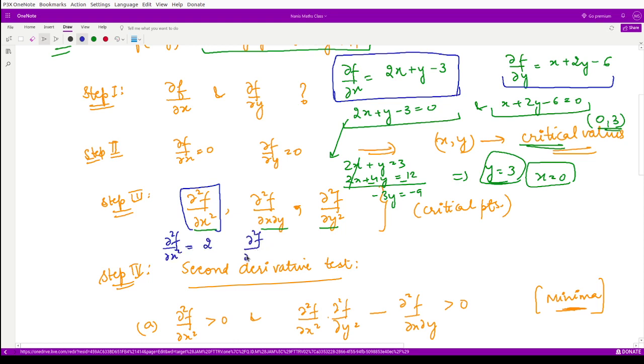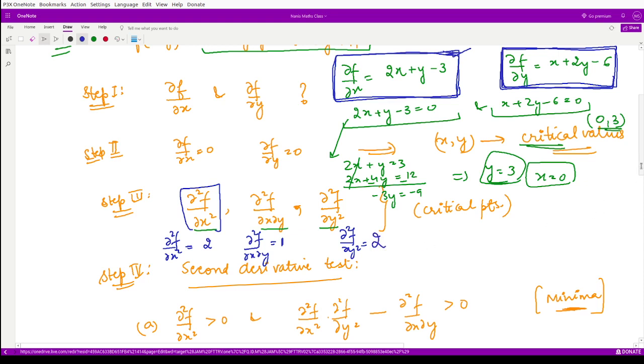Del 2f upon del x del y you could calculate when you differentiate this with respect to y or differentiate the other with respect to x. The results are similar because the functions here are continuous. When you differentiate with respect to y, you obtain 1. And del 2f upon del y2 is obtained when you differentiate this quantity with respect to y, so this would again be equal to 2.